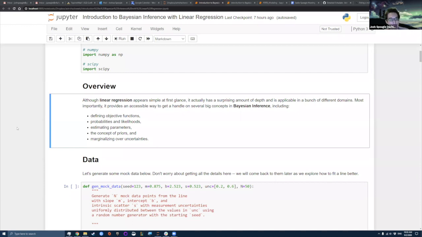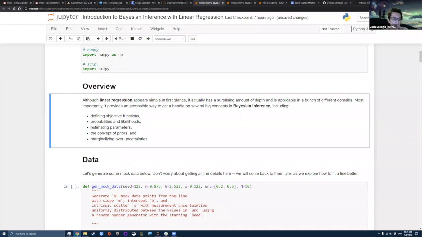So the basic idea behind linear regression is it provides this avenue into thinking about what your objective is when trying to fit functions. So looking at, say, trying to find a loss and trying to minimize that loss or minimize the residuals. Trying to then go beyond that and understand the basics of probabilities and define likelihoods.